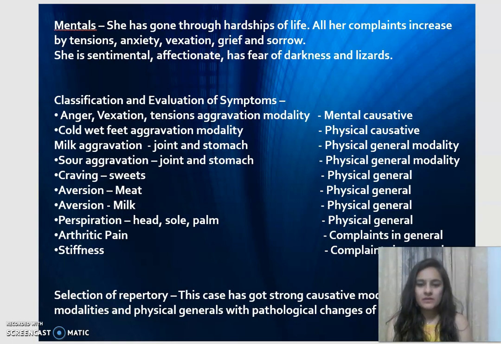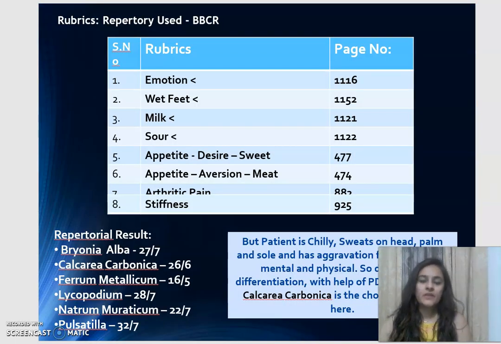When we have more causative modalities, as we see in this case, and more physical generals with pathological changes of the joint, we choose BBCR. Now these are the rubrics we have made from the symptoms. What you see here is that we have not taken all the symptoms to make rubrics. Only from some symptoms have we made rubrics. And our repertorial result comes below, which you can see.